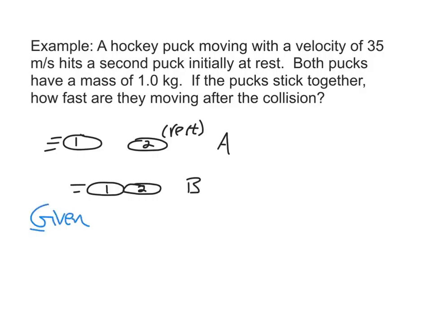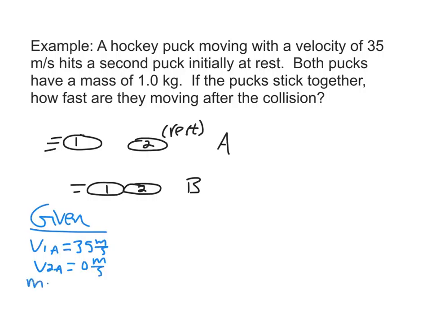Given information: V1A, in other words the speed of puck 1 at A, equals 35 meters per second. V2A, the speed of puck 2 at A, is at rest, so 0 meters per second.